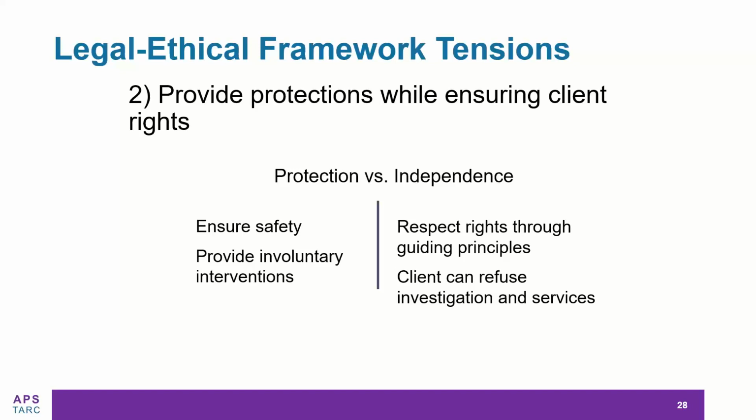And you can see on the slide here some of that balance between protection and independence. We've got data on what APS does on both sides of that scale. When you think about that, it suggests that one of the critical decision points in APS casework is deciding about client decision-making ability, because that's the hinge on which this balance works for good APS practice.